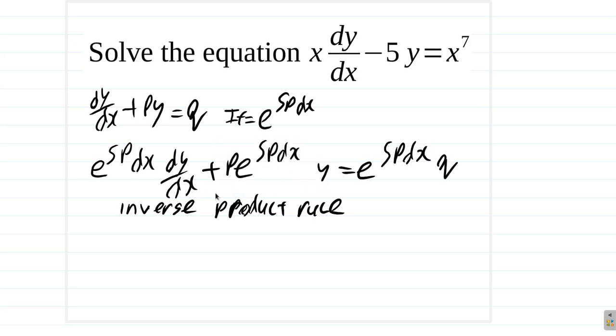So let me move the p there and the y here. Right. So you remember that? Okay.